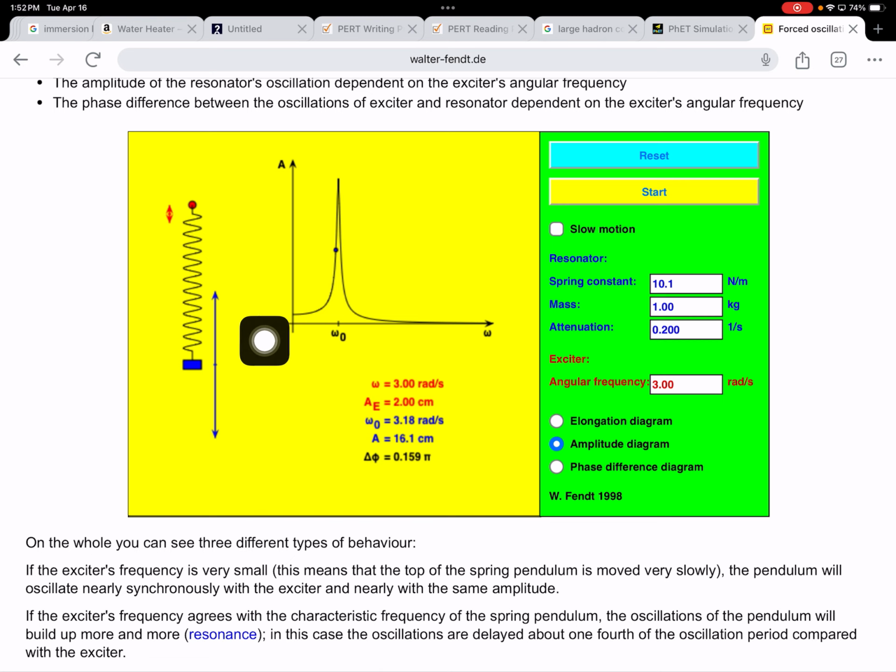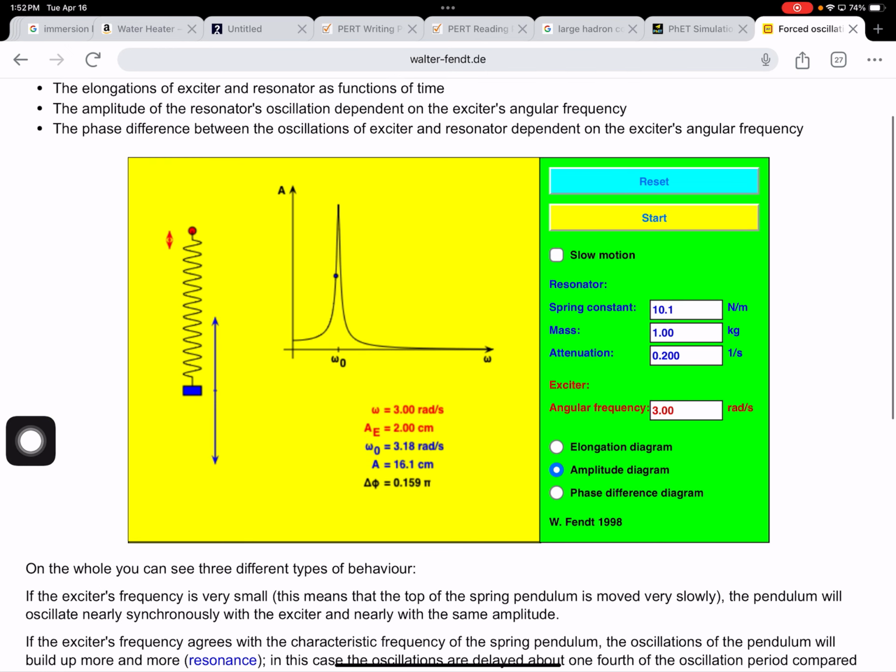So now what I've done, the driving frequency is close to the natural frequency. Okay. Now I'm going to start this. Again, my pumping amplitude is still the same. This is scary.